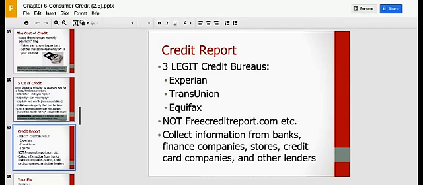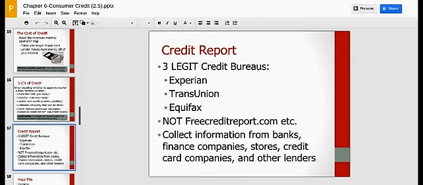And the 3 legit credit bureaus obtain information on you from banks, finance companies, stores, credit card companies, and other lenders. So note the 3 main credit bureaus that you can obtain your credit report from and your official score: Experian, TransUnion, and Equifax. All others use different formulas. They are not the legit official credit bureaus.